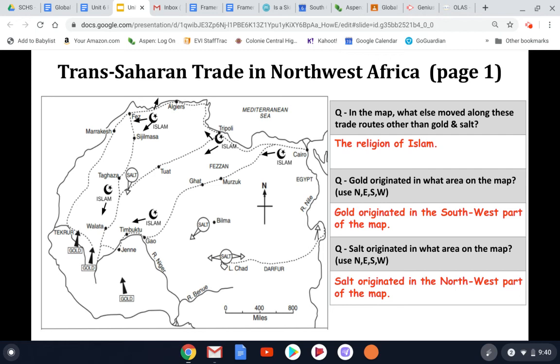But tune in tomorrow where we'll go over pages 2 and 3, and we'll do a little bit more information about the geography of this northwest region of the Saharan part of Africa. And we'll look at how trade sets up the recipe for what needs to be present for prosperous civilizations to occur in this region.